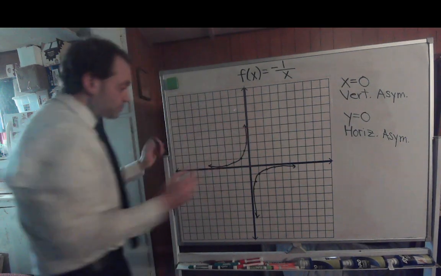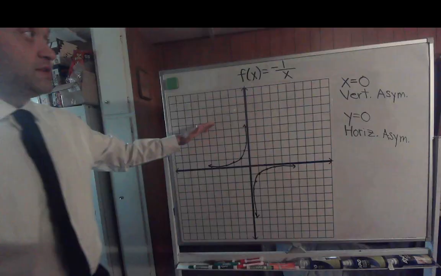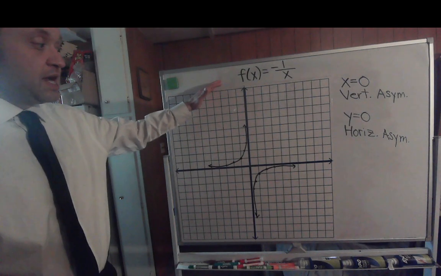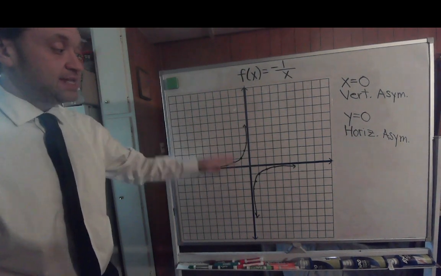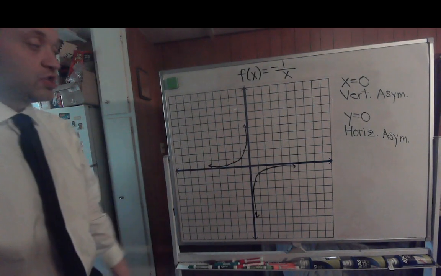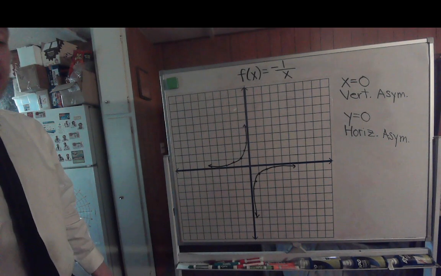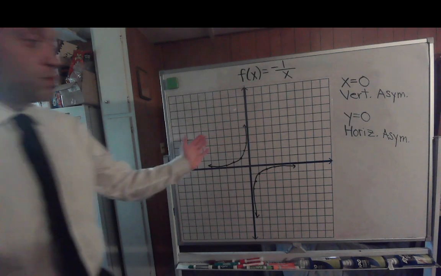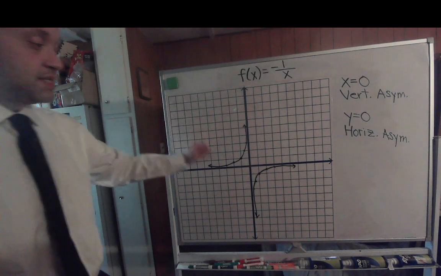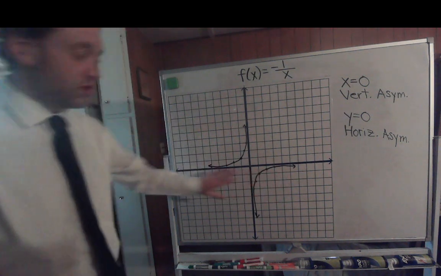So we have also taken the original graph and reflected it in the x-axis from where it originally was. You could also argue it's reflected in the y because it's tilted around. You could also argue that.